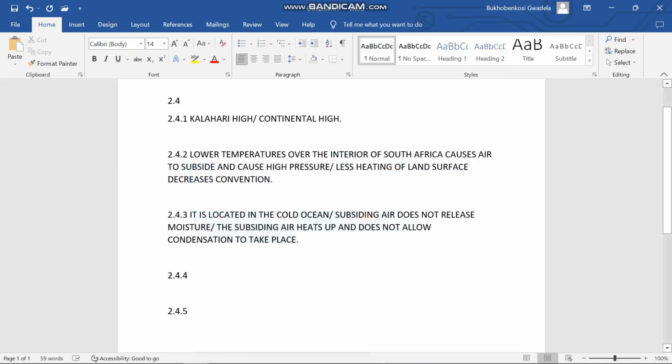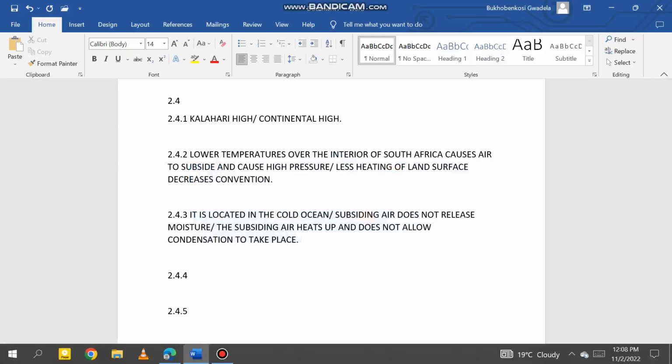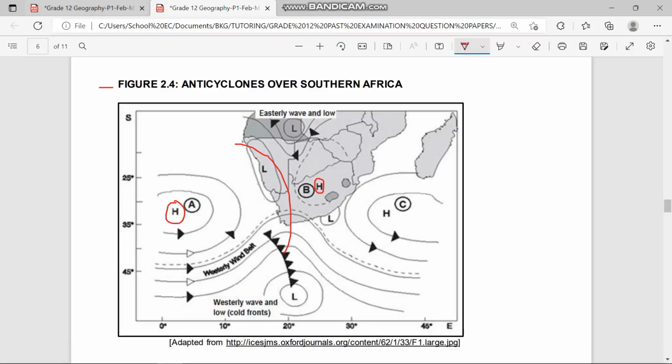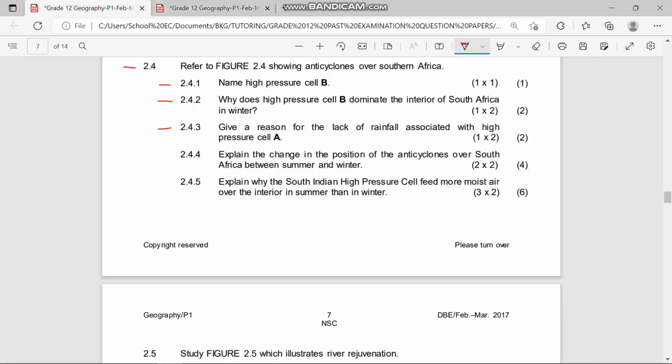Okay, let's move to 2.4.4. It says, explain the change in the position of the anticyclones over South Africa between summer and winter.